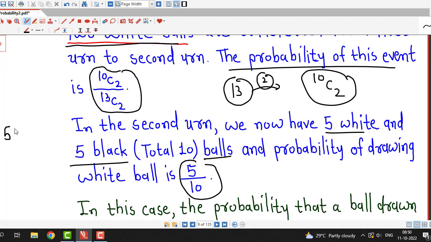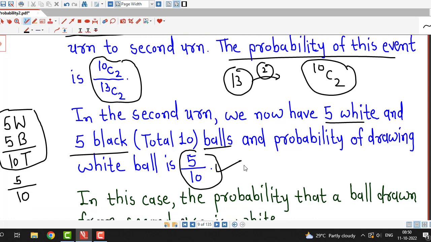We are transferring 2 balls from the first urn into the second urn. So now in the second urn we have 10 balls, and we are considering the event of selecting one white ball from the second urn. There are a total of 10 balls in the second urn, and outcomes in favor of a white ball are 5, so the probability is 5 by 10.